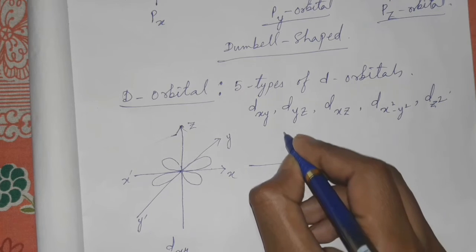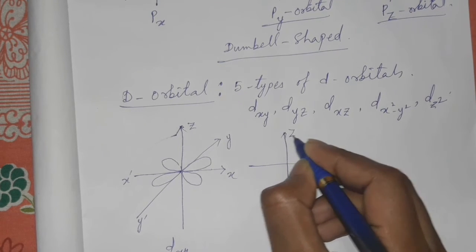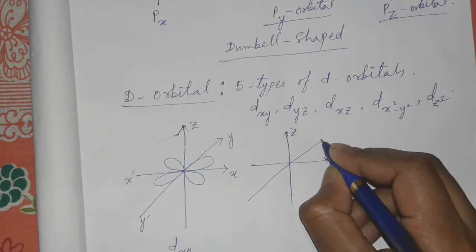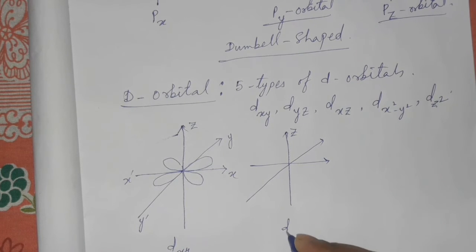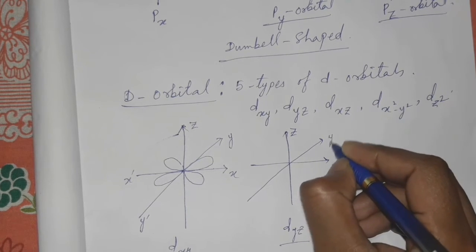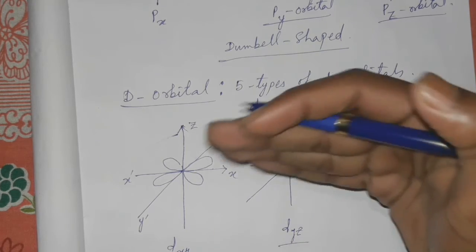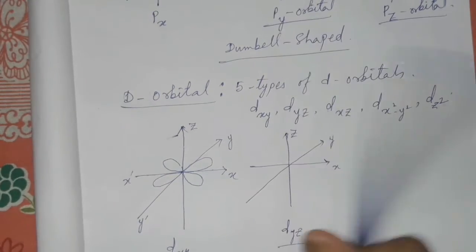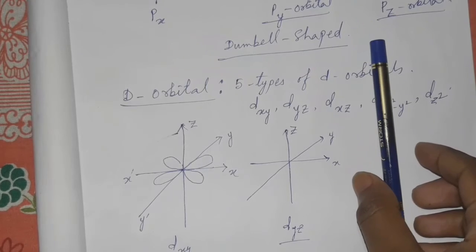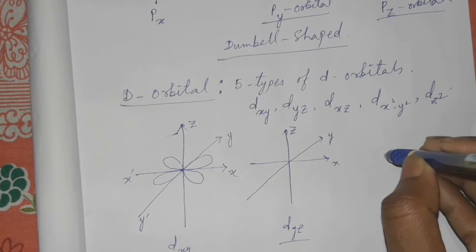Now we'll try to draw dyz. So dyz means the yz plane. You will have to choose the yz plane, y and z. Suppose y is lying in this way and z in this way.